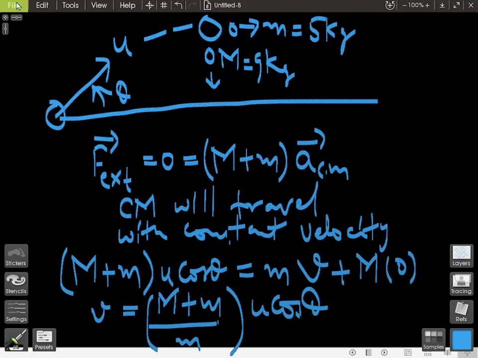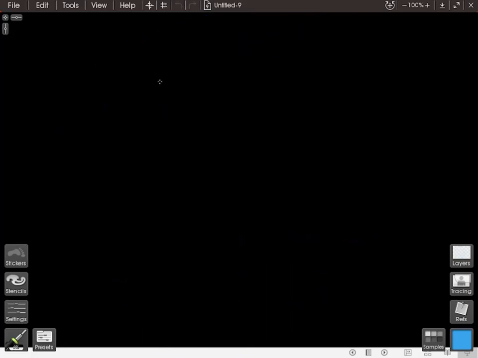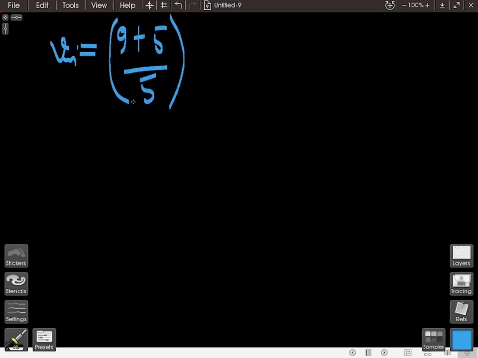Okay, now let's plug in the values and get the answer. So the velocity of the small mass, that is 5 kg, will be (9 plus 5) divided by 5 times u cos theta. u is 64 meters per second.